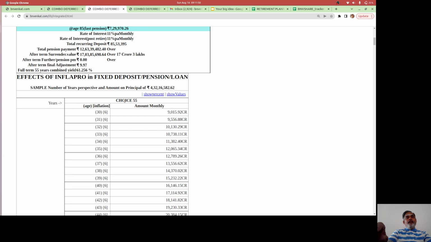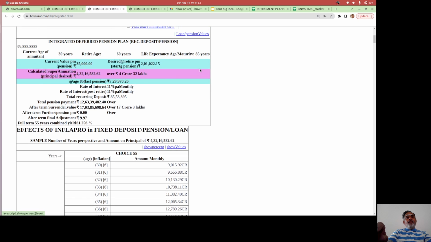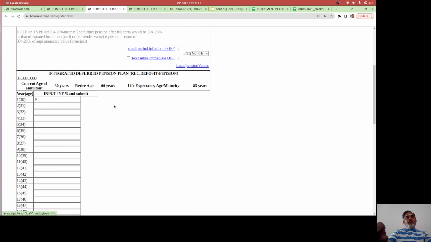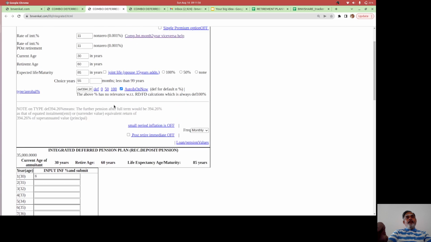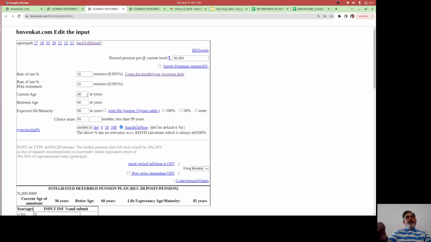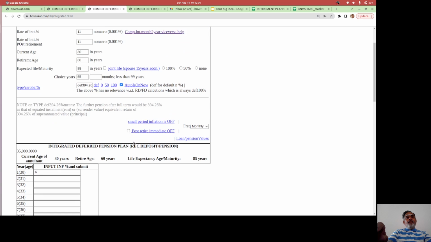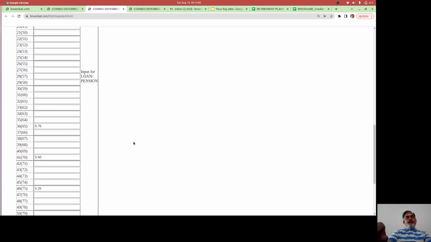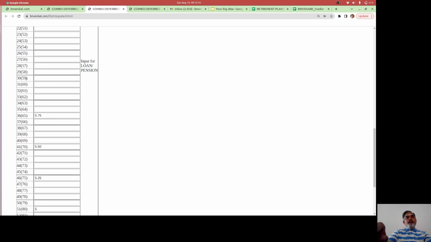Similarly, in the other case, with 30 years entrant age and 60 years retirement age, expected life up to 85 years, with the same auto and similar setup, but with a difference in inflation percentage. Inflation at the age of 65 is 5.75%.